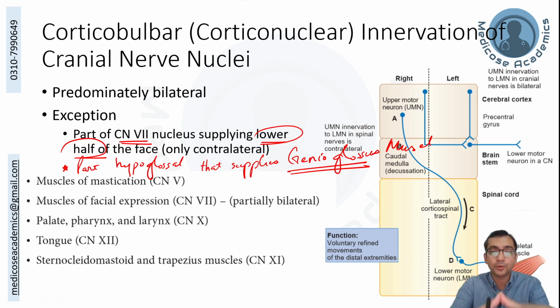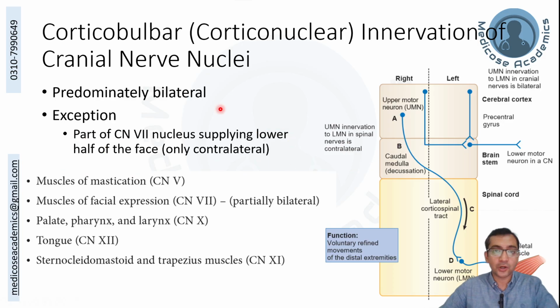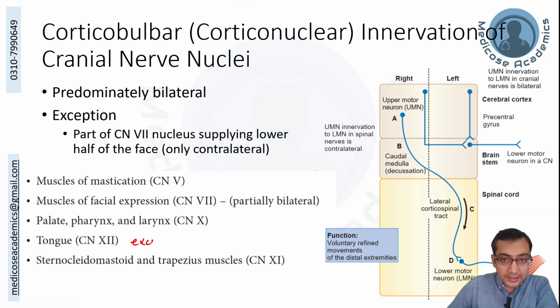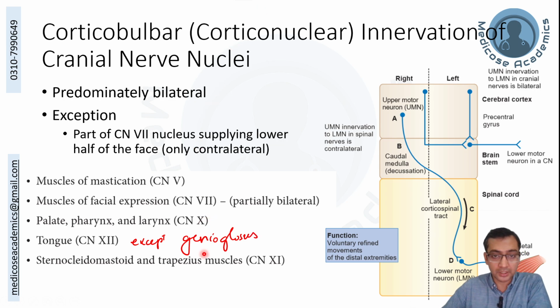All the other cranial nerve nuclei, at least the cranial nerve motor nuclei, are supplied bilaterally. Now you can see the list here. Muscles of mastication are supplied bilaterally, muscles of facial expression partially bilaterally, and the nucleus ambiguus that supplies the palate, pharynx and larynx, and the tongue, except genioglossus, the muscle responsible for protruding the tongue, and the accessory nerve, the spinal accessory nerve.